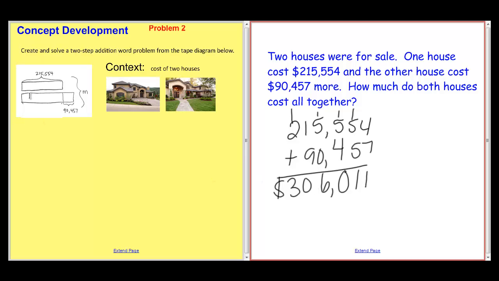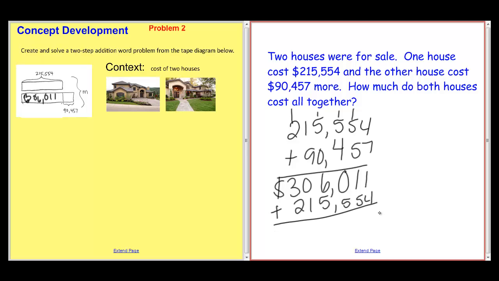So if I was going to come over here and put in the tape diagram, I could write $306,011. So that's how much one house costs. But I'm trying to figure out how much both cost together. So I'm going to add to this the price of the other house, which was $215,554.